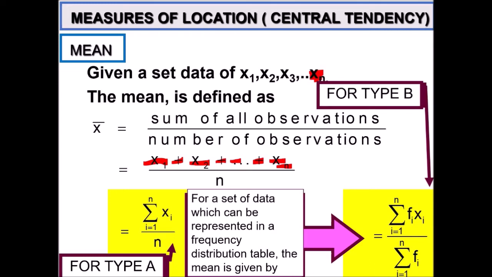So the formula for the mean is x bar, the notation for mean, equal to the summation of xi, divided by n. For type B, data in a frequency distribution table, we have to multiply every x with its frequency. That's why the formula becomes the summation of fixi over the total frequency.